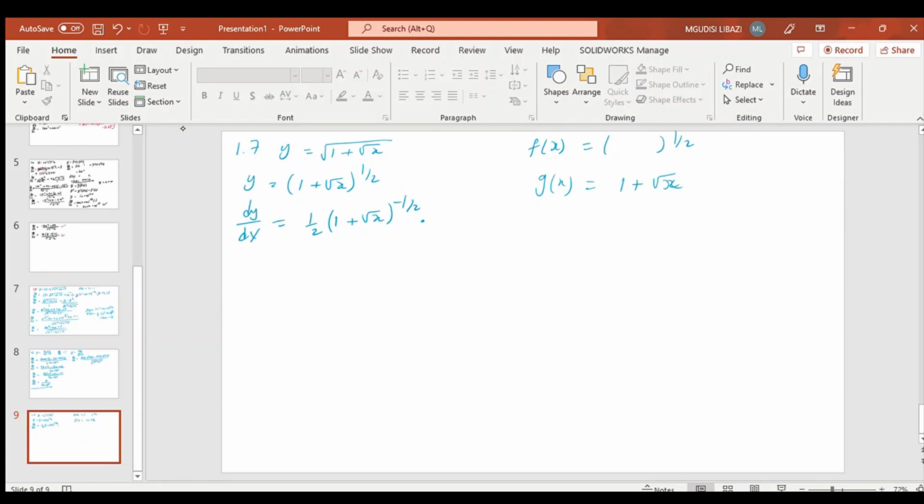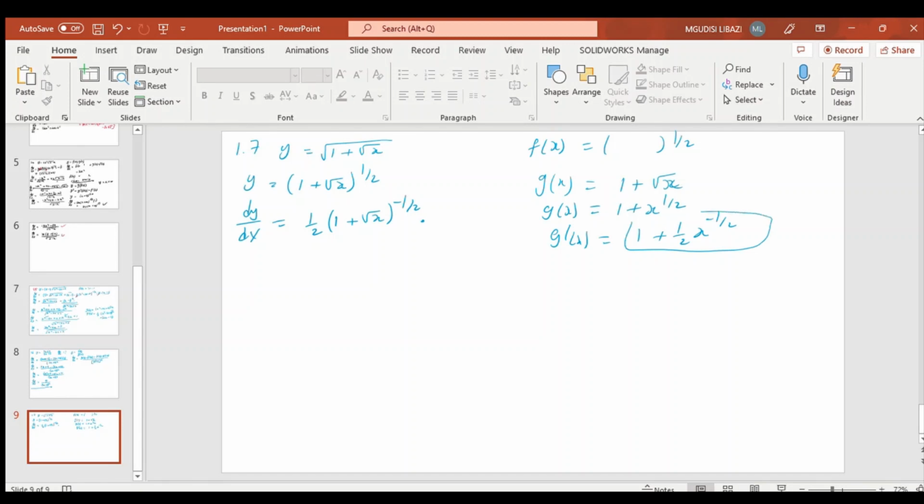We can put this as g of x equal to 1 plus x raised to 1 over 2, and then g prime of x is 0 plus 1 over 2 x raised to negative 1 over 2.